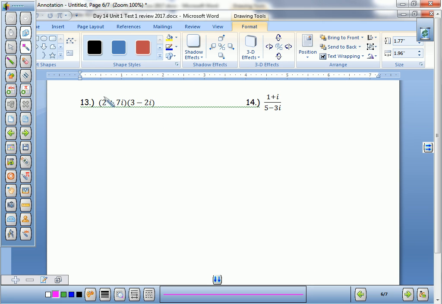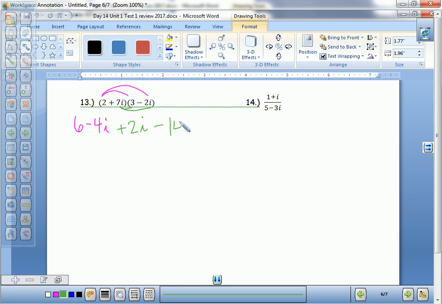Okay, now this one we're going to distribute. And then distribute. It's not 2i, it's 21i. Yours is 21i? No, you multiply it. You did 7i times 3, you put 2i.